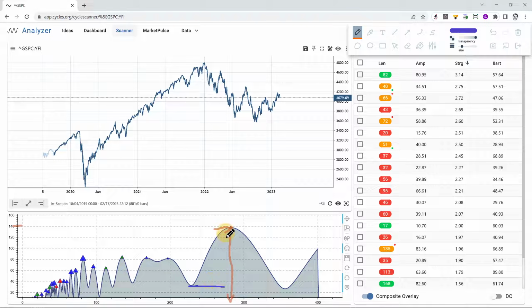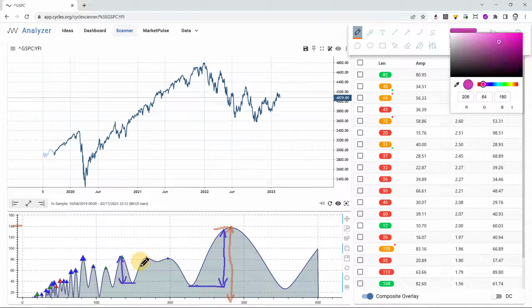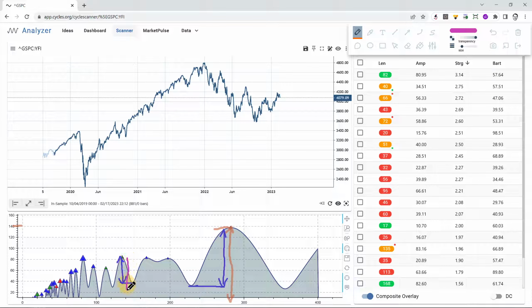So this is the prominence of the cycle. It's calculated just from the offset of how far this falls down. So for example, here the prominence would be this reading here, while the amplitude of this cycle is this reading here, right? So that's the amplitude, and the blue one is the prominence.